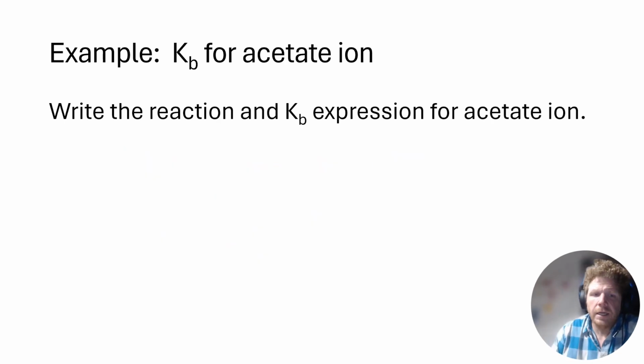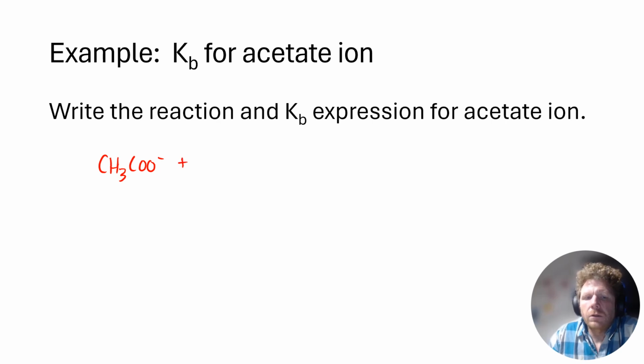Now an acetate ion. The acetate ion is the ion that forms from acetic acid. So acetate, CH3COO minus. There's a couple of ions that you're going to have to get more familiar with and comfortable knowing them. Acetate is a good one.